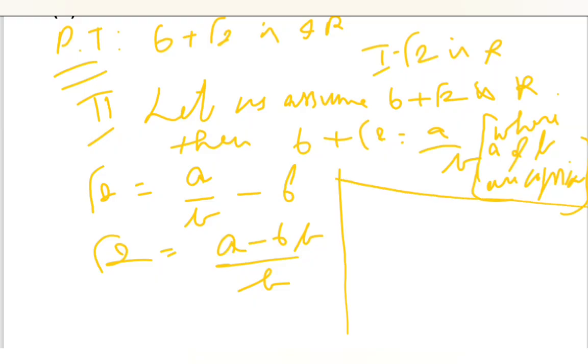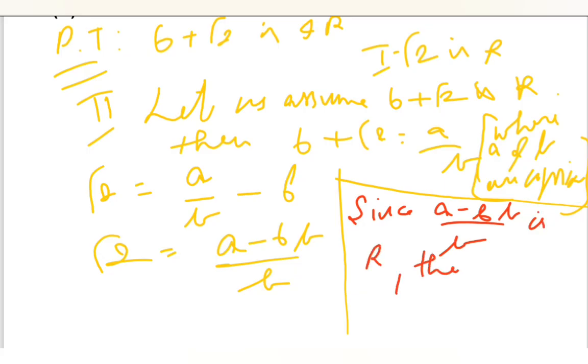Now we have come to the concluding statement. Since a minus 6b by b is rational, then root 2 is rational. I am erasing this, just note it down.